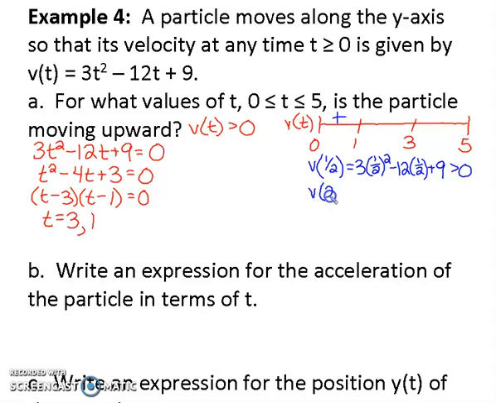Then we could check v of 2. That's going to be 12 minus 24 is negative 12 plus 9 is going to be a negative number. And then we could check v of 4.